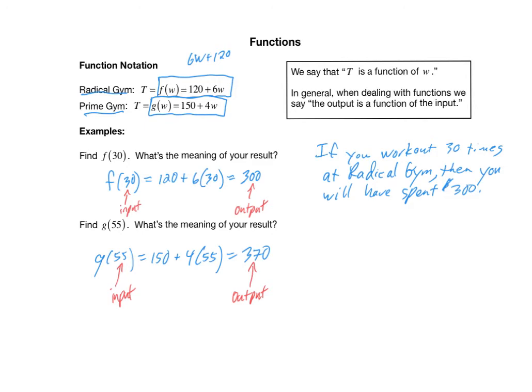So this means if you work out 55 times at Prime Gym, because g refers to Prime Gym, then you will have spent $370 in total.